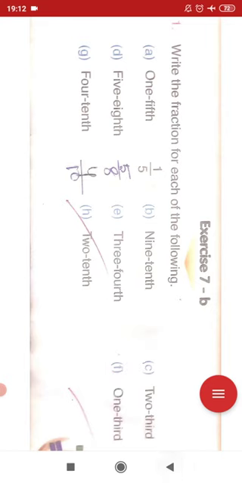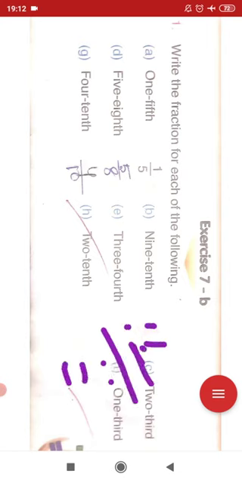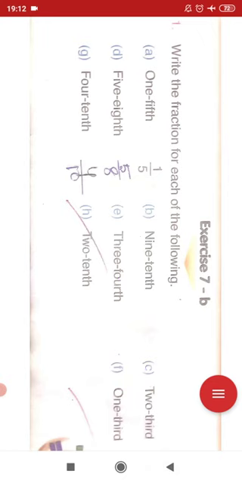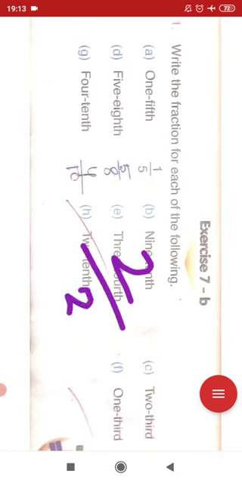Next, C, two-thirds. You can easily guess the fractional number will be 2/3. Just write 2 and then the horizontal line, and below the line write 3.